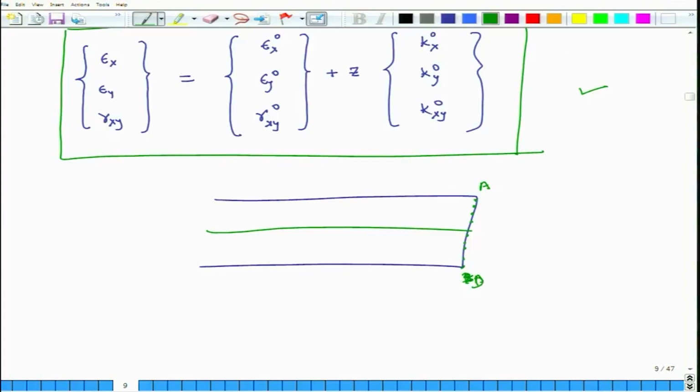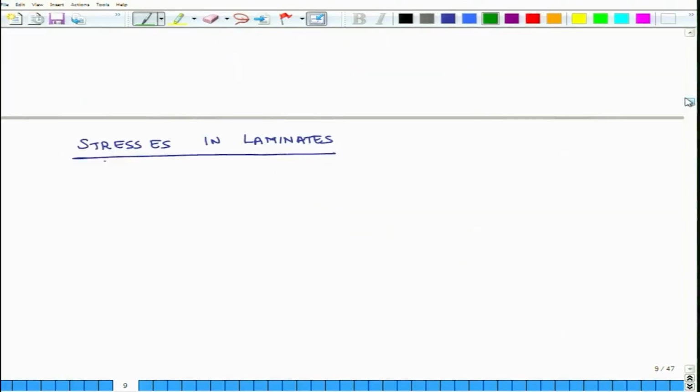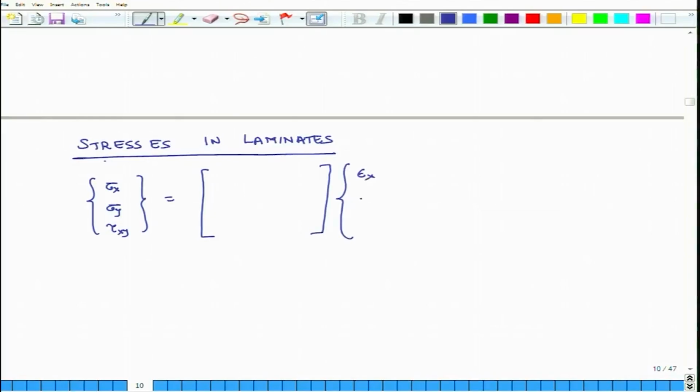Now, if I have these strains, the question is, can I calculate stresses at every point on this line segment? So, that is what we are going to do. So, we know through our earlier lectures that for any composite we had developed this relation that sigma x, sigma y, tau x y is equal to the q bar matrix times epsilon x, epsilon y and gamma x y.